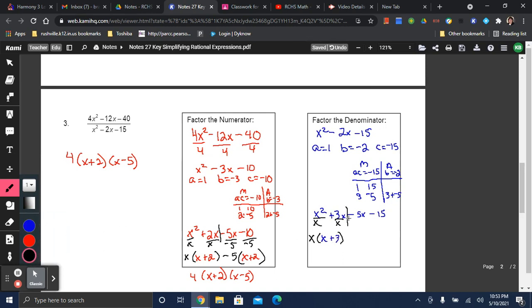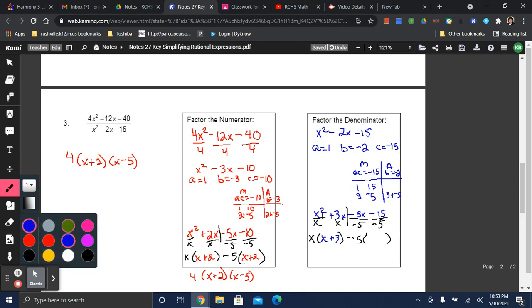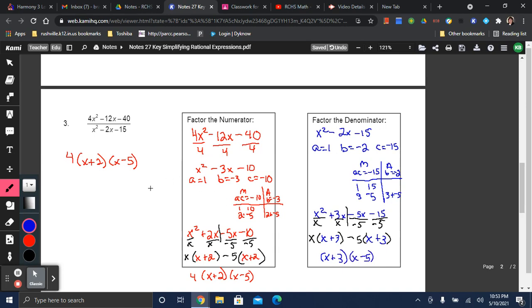Then I'll divide by negative 5. And so I'll have -5, and then in the parentheses, x plus 3. And this should look familiar to you. We've done this before. So then we would have x plus 3 and x minus 5 as our two factors. So that would be our denominator of x plus 3 and x minus 5.